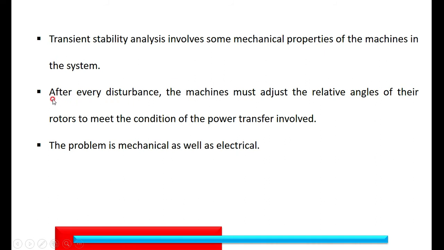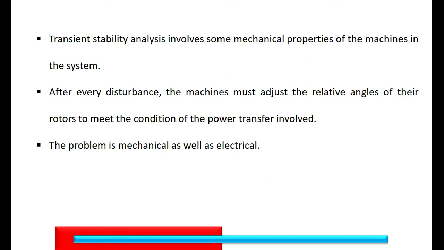In the other part, after every disturbance, the machines must adjust the relative angles of their rotors to meet the condition of power transfer involved. In the event of a change in the load condition, one is the mechanical property in terms of stored energy and inertia. From the electrical point of view, if there is a change in load conditions, there is an imbalance between the mechanical input and the electrical output.